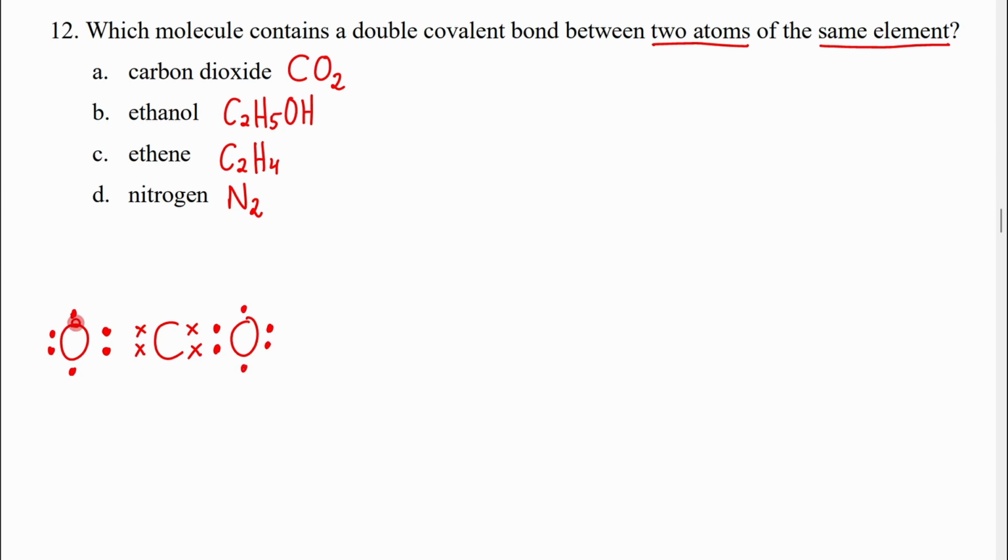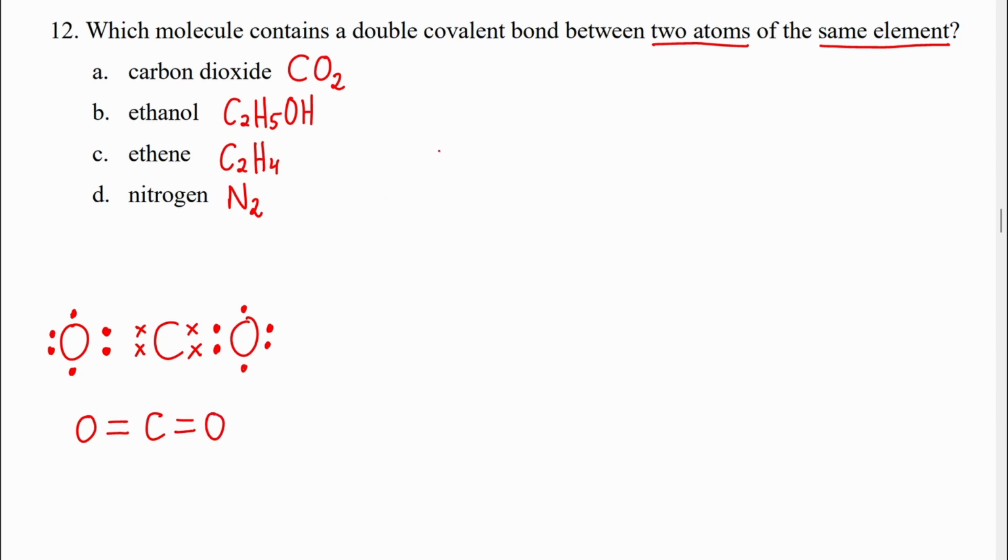So in this case, oxygen here is stable because it has 6 valence electrons from itself and 7 and 8 from sharing together with carbon. While carbon here is 4 plus 1, 2, 3, 4 from sharing together with oxygen. So from here we can know this is a double covalent bond between oxygen and carbon.